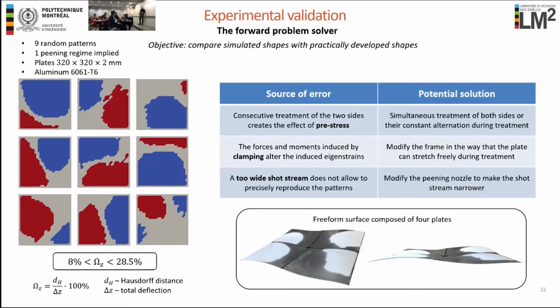We quantified the error with the Hausdorff distance, which was non-dimensionalized with the total deflection of the target shape. So as we can see here in the bottom left, this dimensionless error was quite tangible, from 8 to 28.5%.